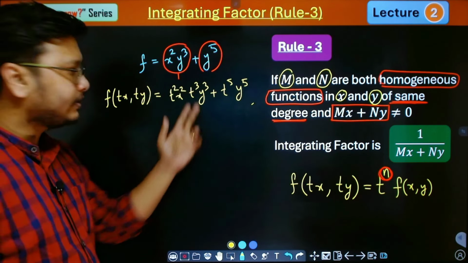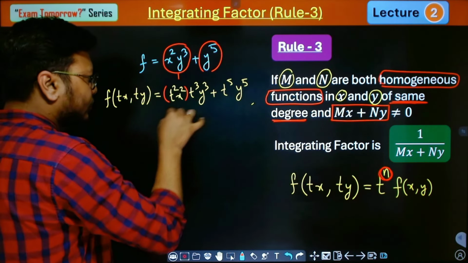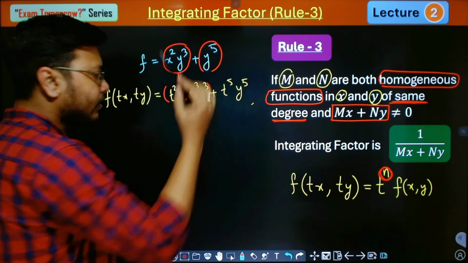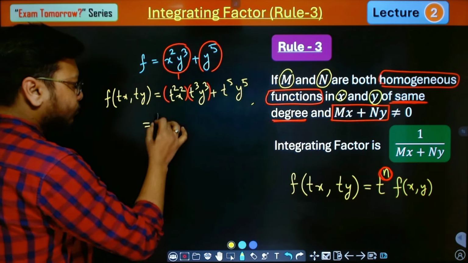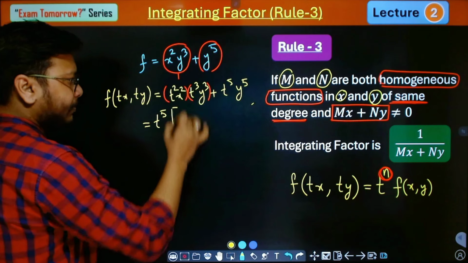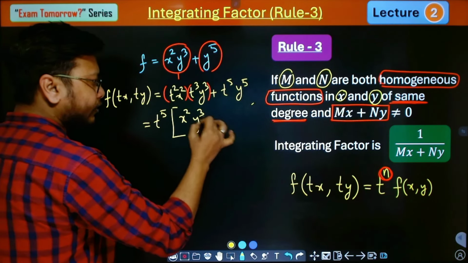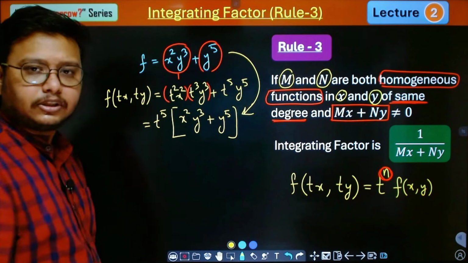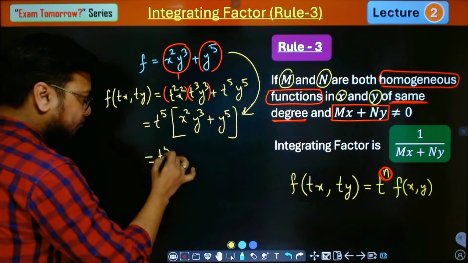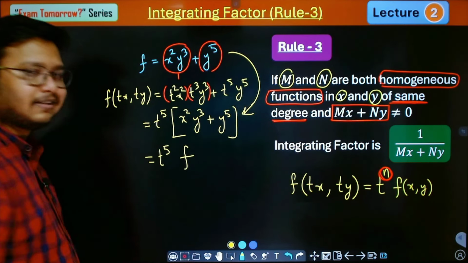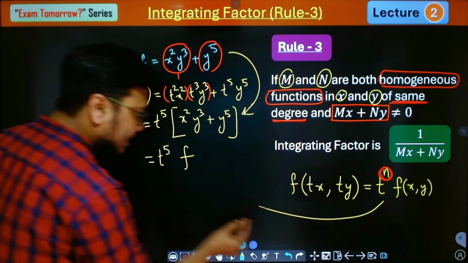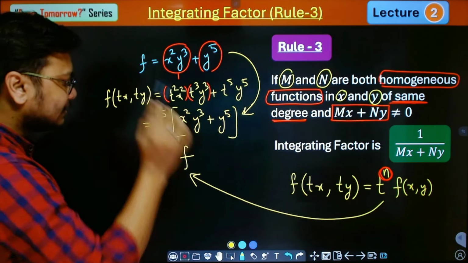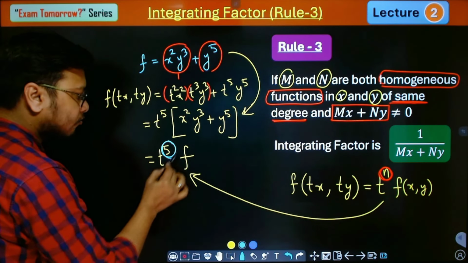I can see a t to the power 5 will come out common completely, and I'm left with x squared y cubed plus y to the power 5, which is nothing but my original function. So it is satisfying this property, which means this is a homogeneous function of degree 5.